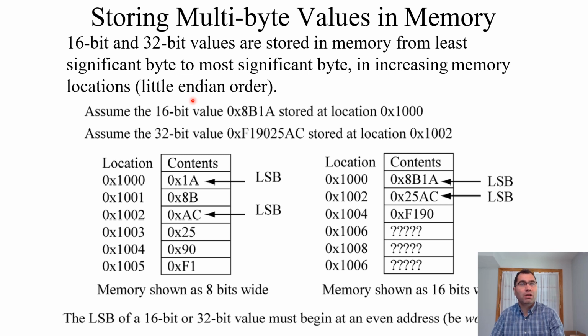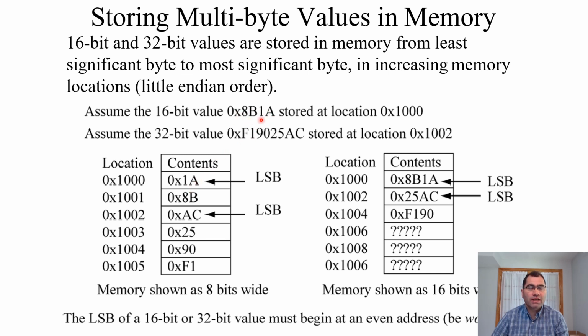Remember this from your previous courses. What that means is, if you want to store this value starting from this memory location, first we start with the least significant byte, which is 1A.